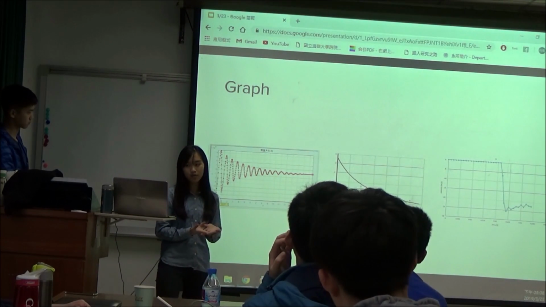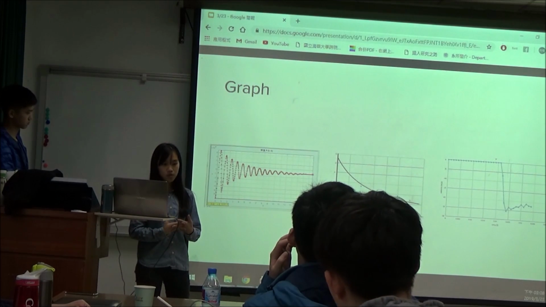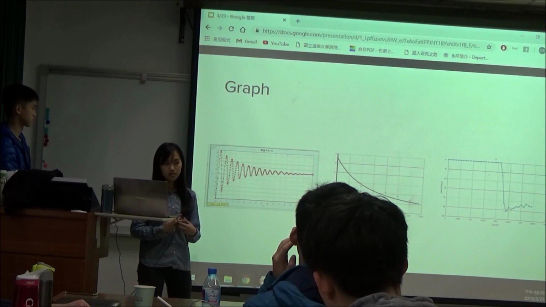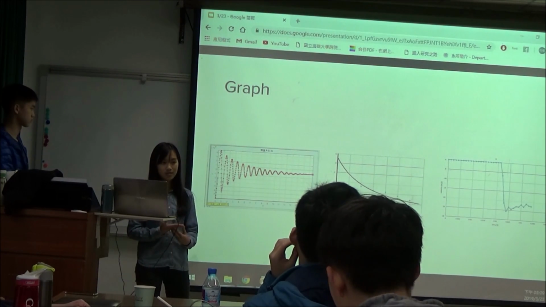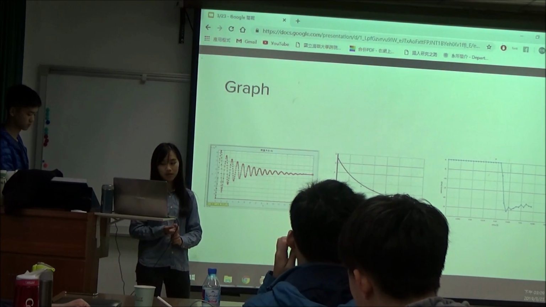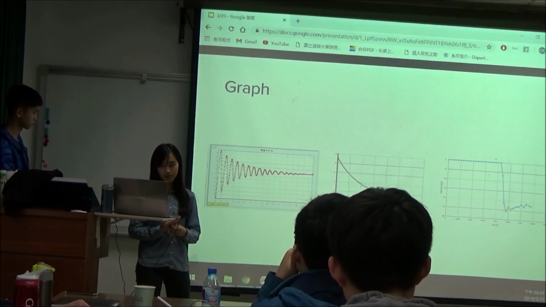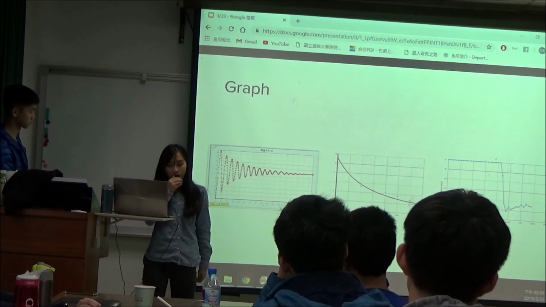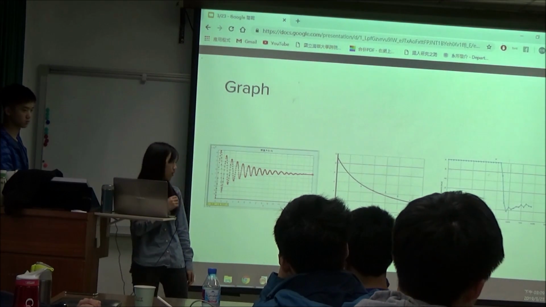And a graph without error bars means your data points are not really reliable, since you only did your experiment one time, and we cannot be sure that the data point is accurate enough. So please add your error bar on your graph.